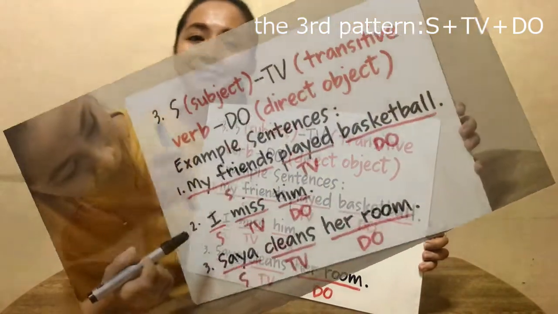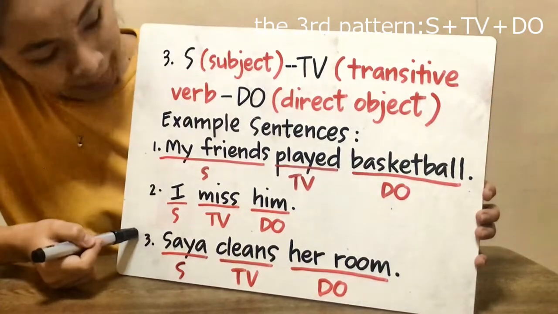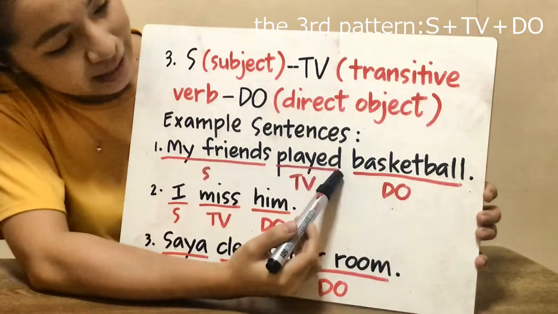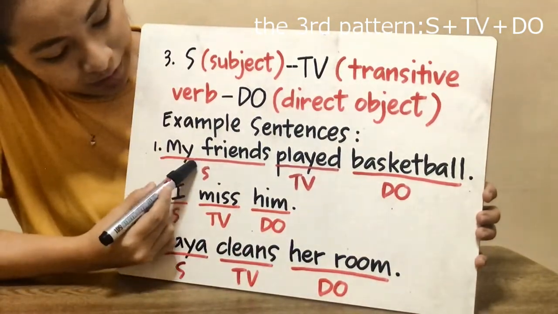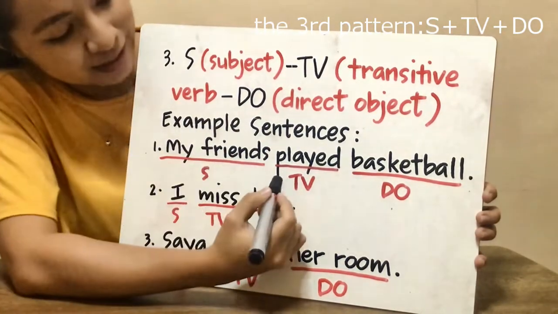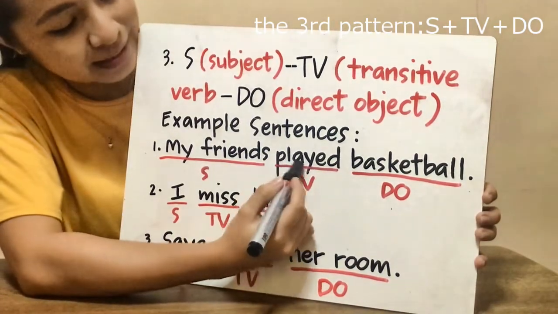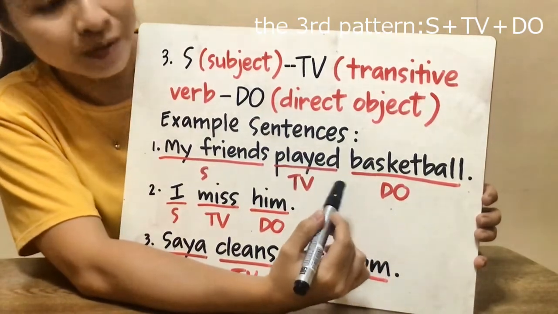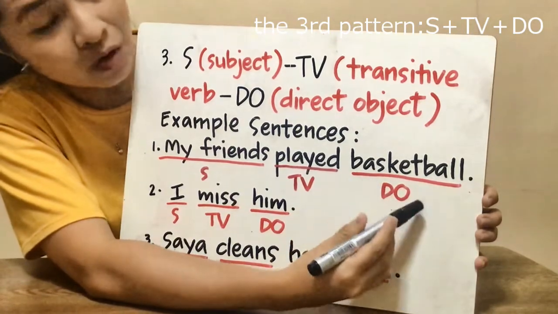Okay, so I wrote some example sentences here. I have 3. So the first one, we have, my friends played basketball. So here, your subject is my friends. Your transitive verb or your TV is played. And of course, the one who receives the action, which is played, is actually your DO.